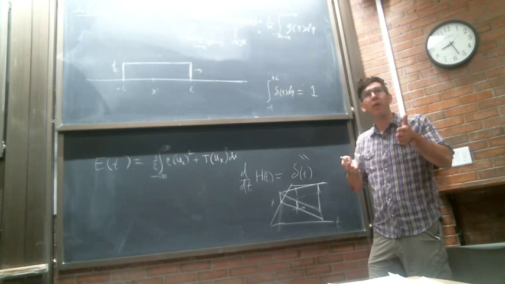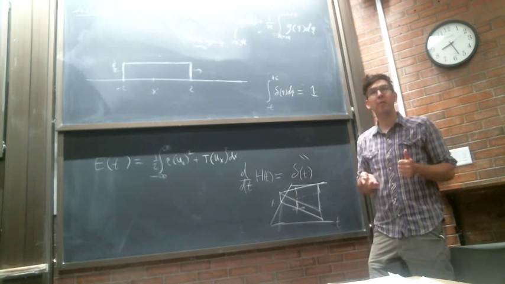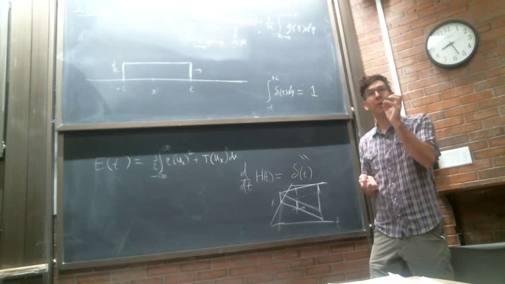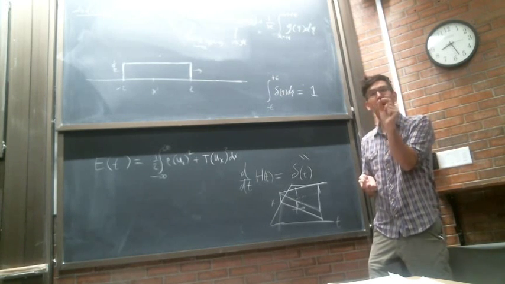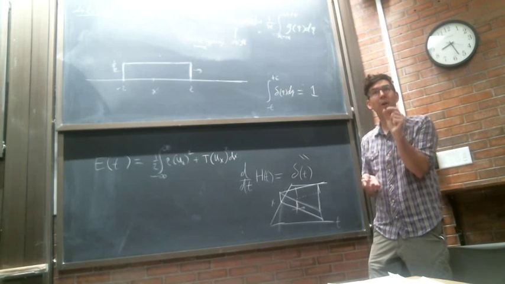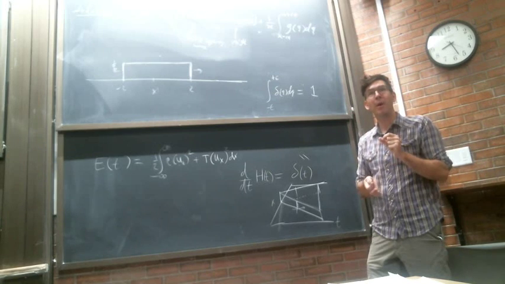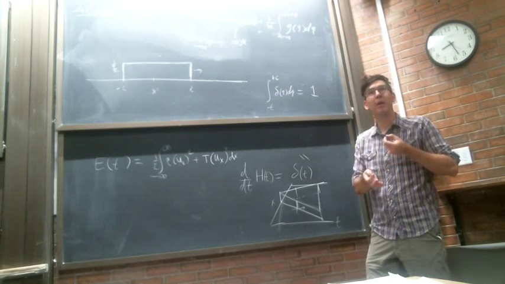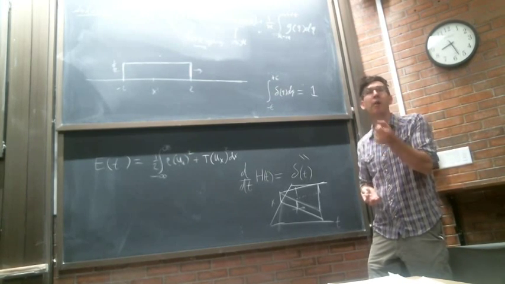So I did put a fixed amount of energy in the system. I put an infinitely strong amount of energy, but over a region of space that was infinitesimally small. And I kept the ratio of energy per unit of space constant.